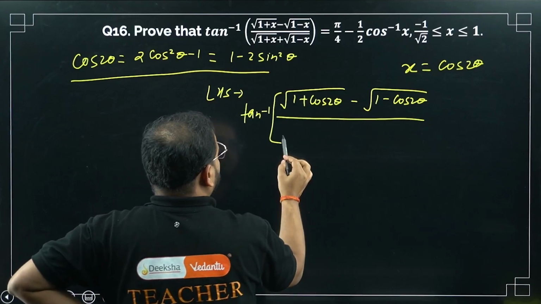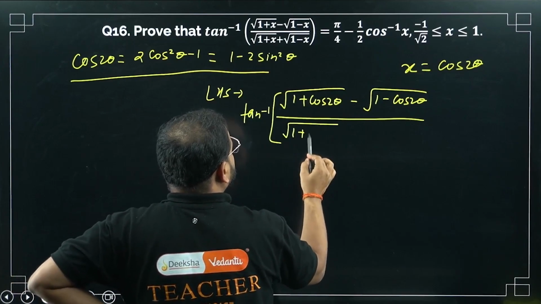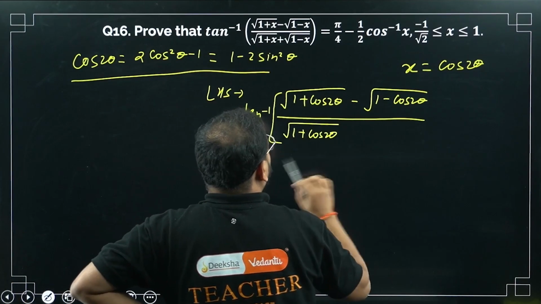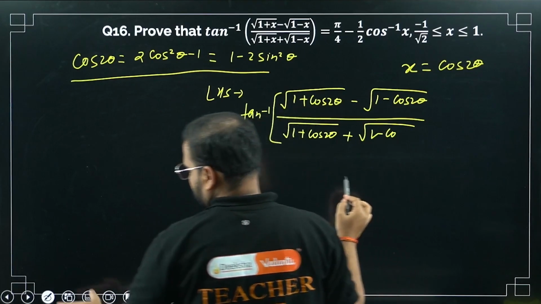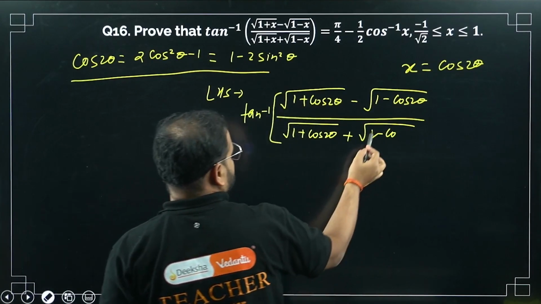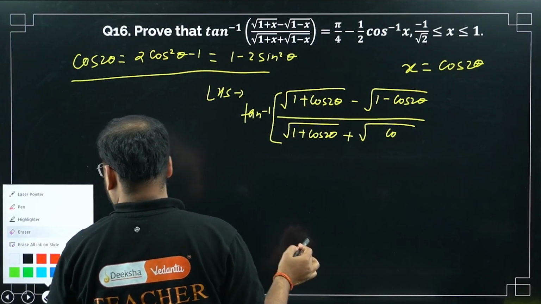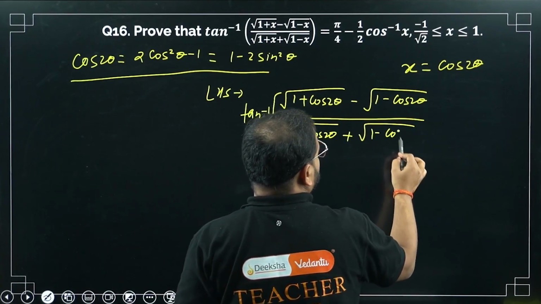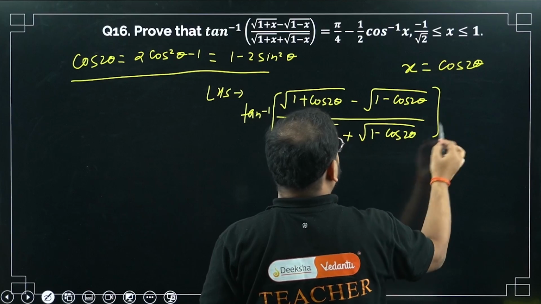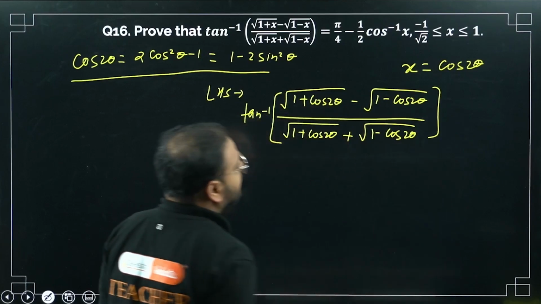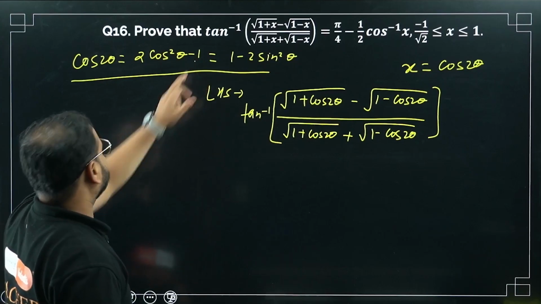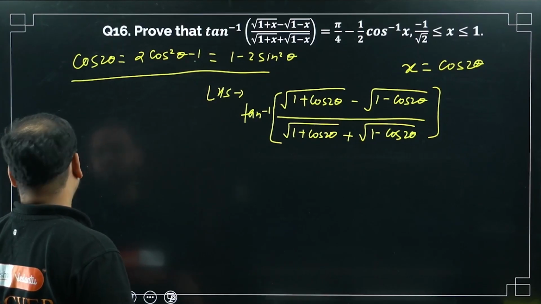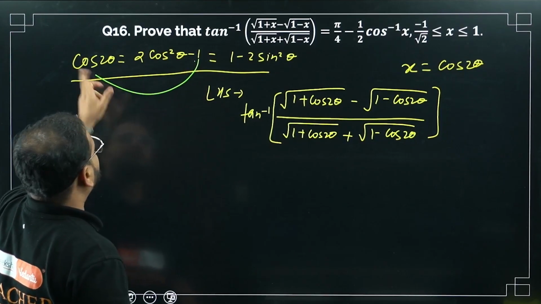The same will be written over here. 1 plus cos 2 theta plus 1 minus cos 2 theta. So 1 plus cos 2 theta, please check. If I bring this 1 over here, it'll become what? 1 plus cos 2 theta.